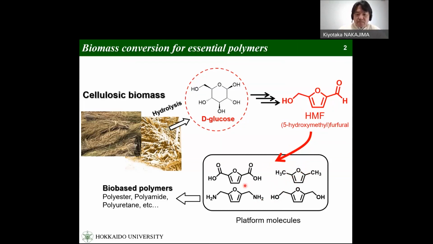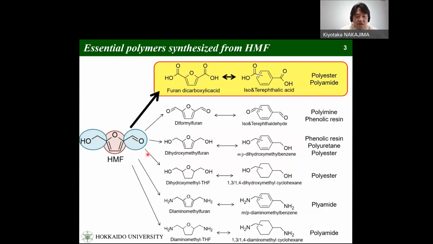This slide shows several concepts for the utilization of HMF in polymer application. We can convert these two functionalities to carboxylic acid, diol, and amine, and obtain furan-based or aliphatic-based monomers utilized for polymer application.